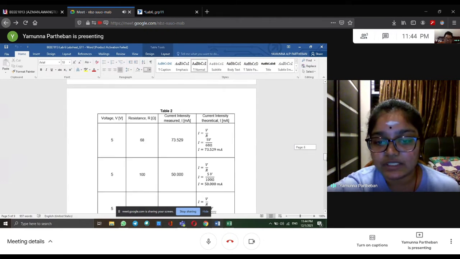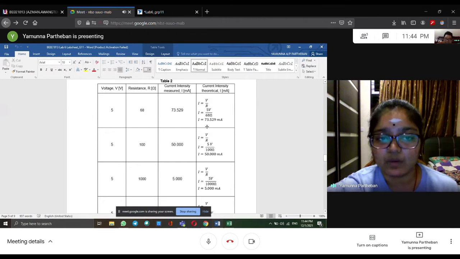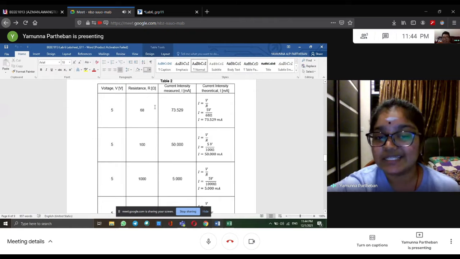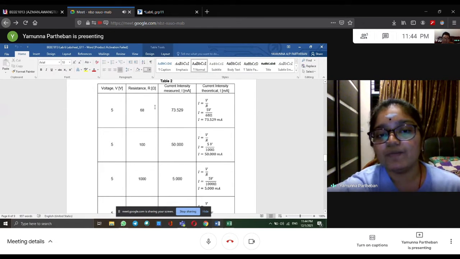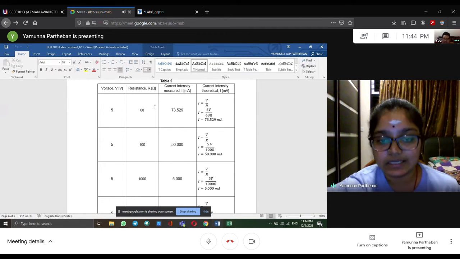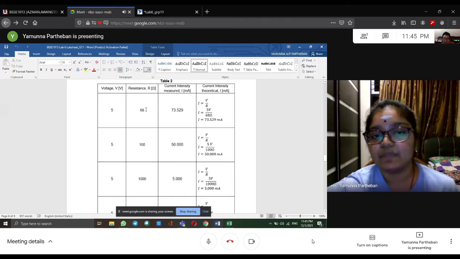For the second table, the voltage remains the same and the resistance increases. So according to Ohm's law as well, whenever the resistance increases, the current decreases, where the graph will be inversely proportional.